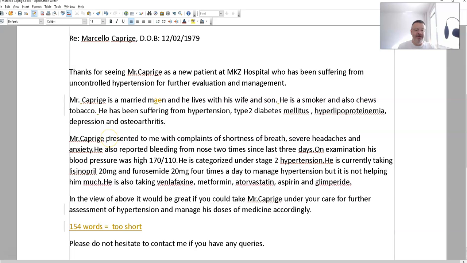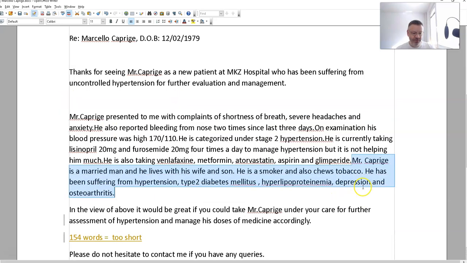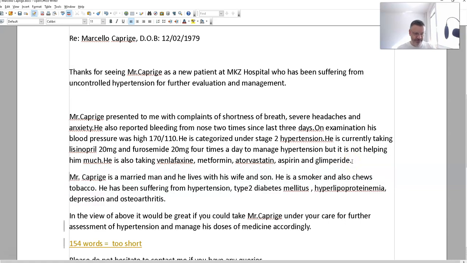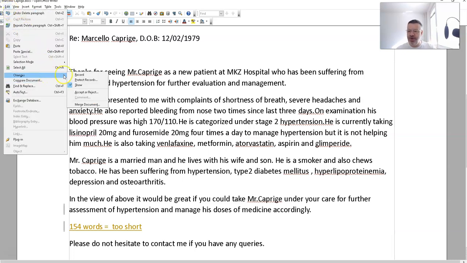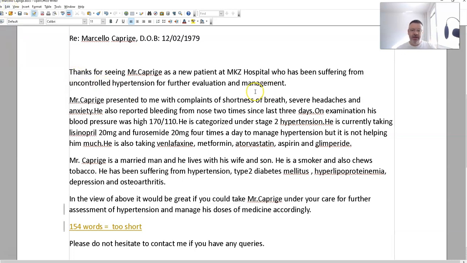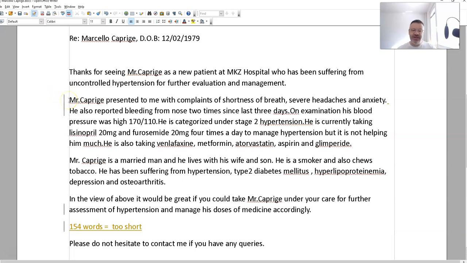Or, actually, in terms of paragraphs, if we take the changes off, so actually, right, put that, so that's better, right, just in terms of paragraphs. So Mr Caprige presented with complaints of shortness of breath, right, so we need a date. Is it today?